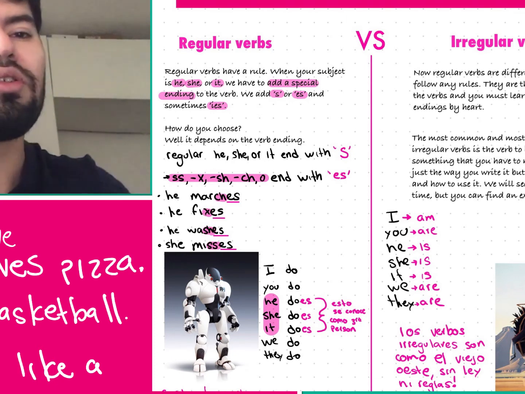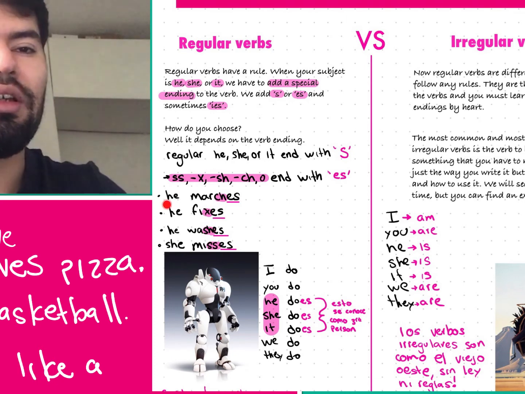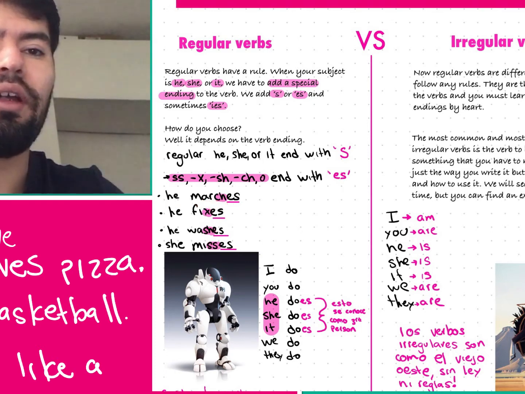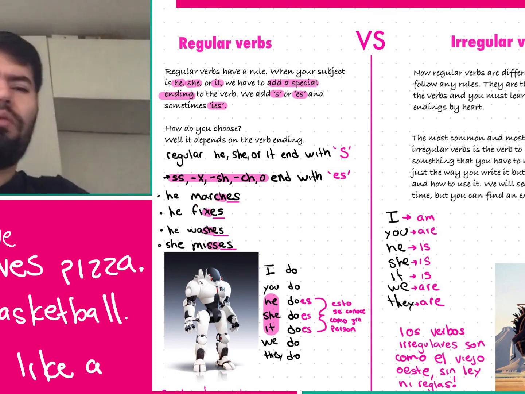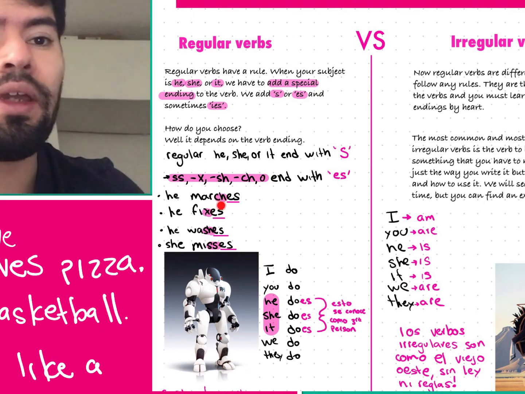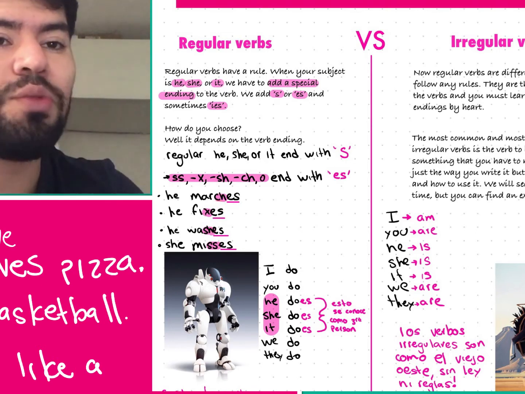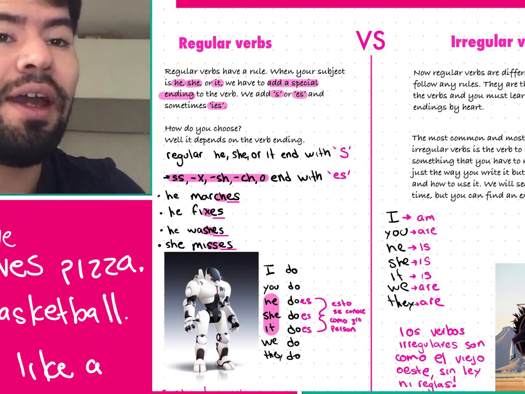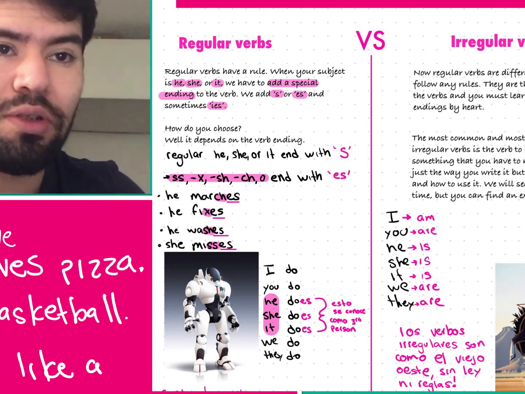Our first example is he marches, he marches like a robot. We end the verb with CH, which means we have to add an ES because it's one of my exceptions.